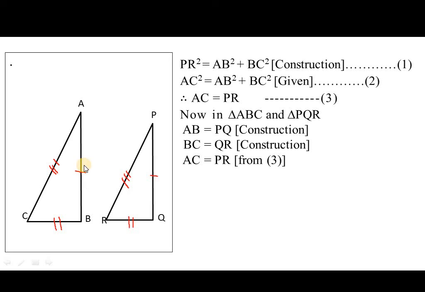So in a triangle, if the three sides of the first triangle are correspondingly equal to the three sides of another triangle, then the triangles become congruent to each other according to the SSS congruency rule. So according to the SSS congruency rule, we can write triangle ABC is congruent to triangle PQR.